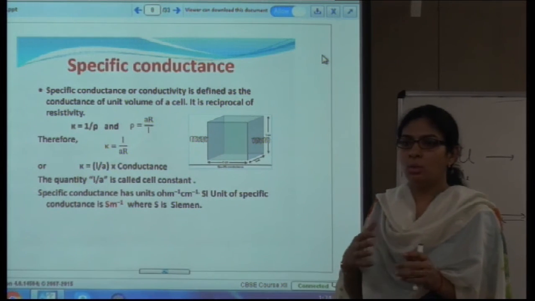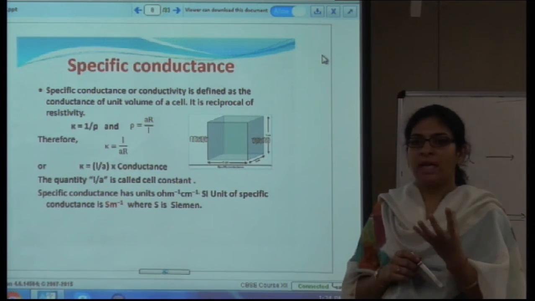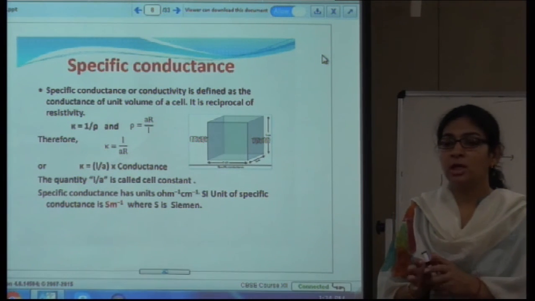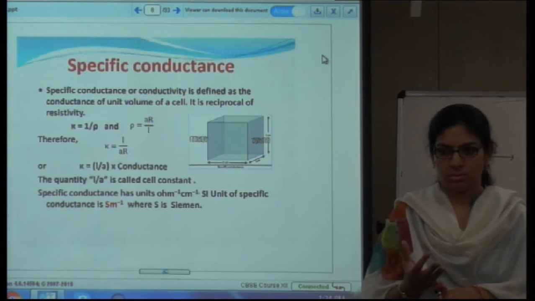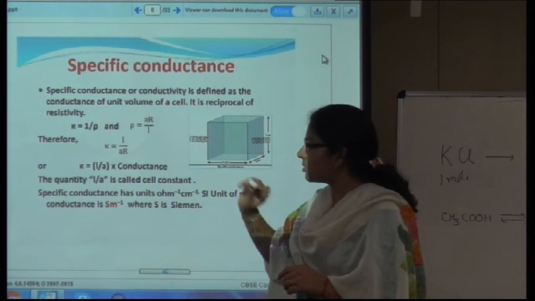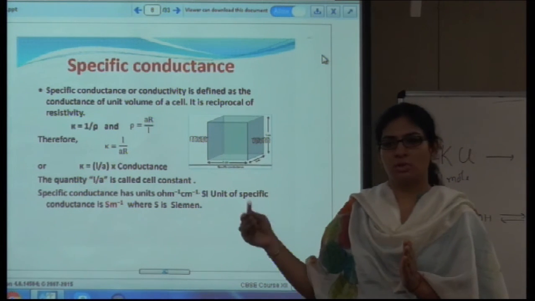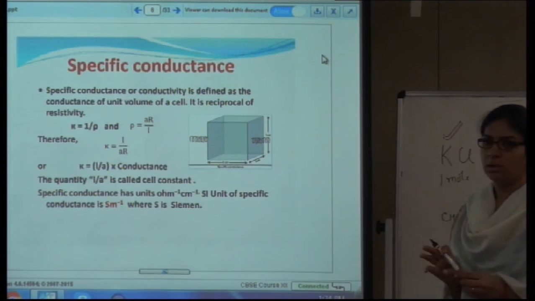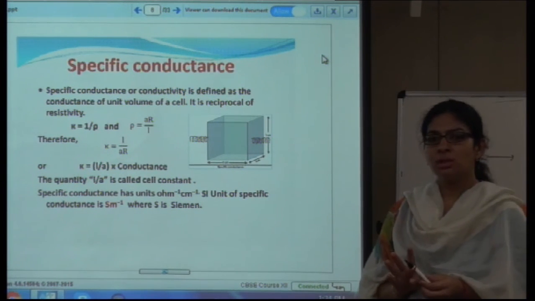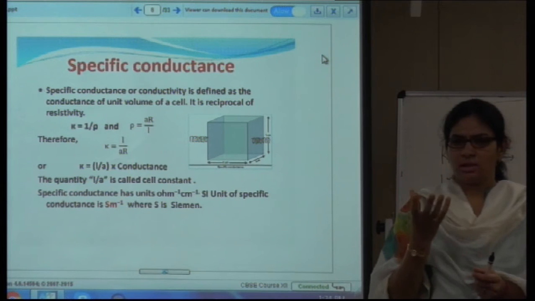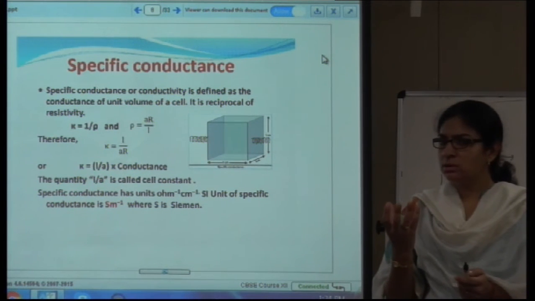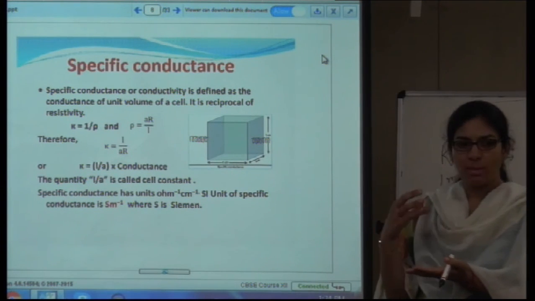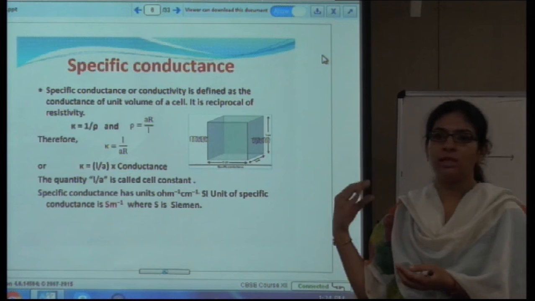But a simple experiment can be performed in which you take a solution whose specific conductance is known at various concentrations. Usually a solution of KCl is taken for that purpose. KCl solution is like a standard solution in conductance experiments, because the specific conductance kappa value for KCl is known at various concentrations.